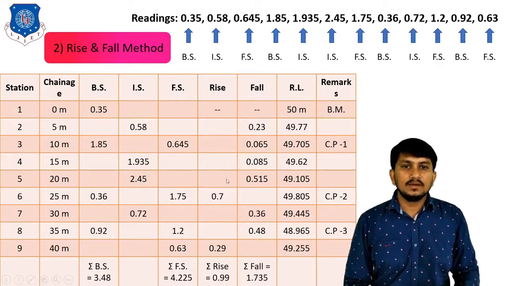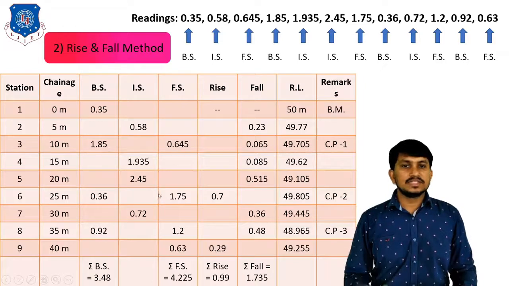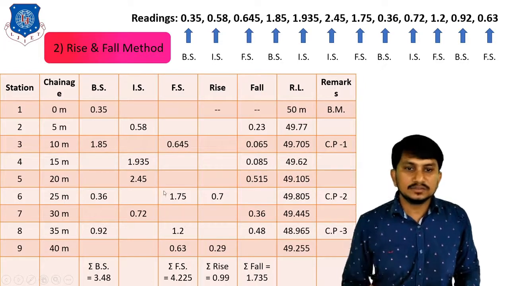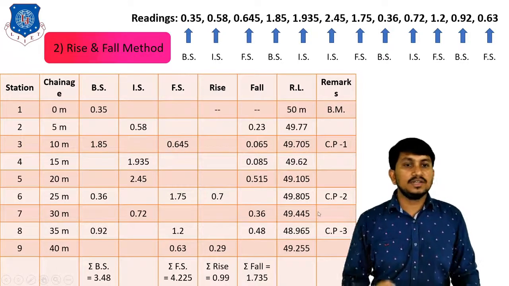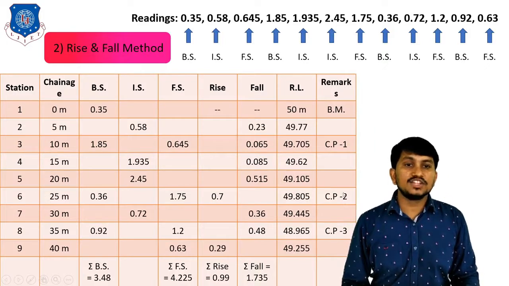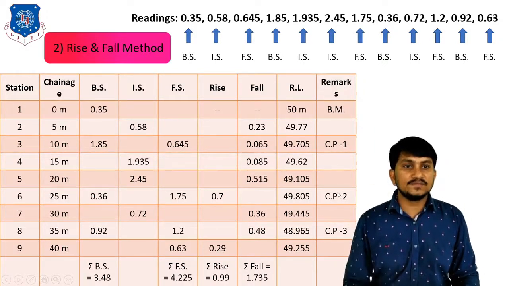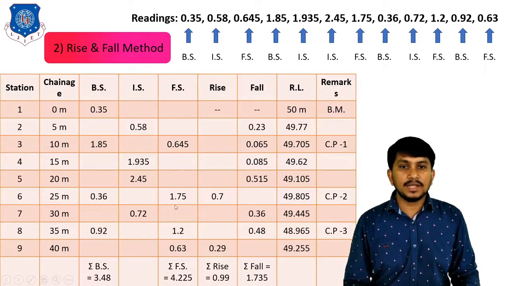When FS comes, which is the last reading before the instrument is shifted, in the remarks column we have to write changing point 2. At a changing point, two staff readings are taken, FS and BS. We have already written FS, so the next reading BS is also written at this station number 6, which is 0.36.